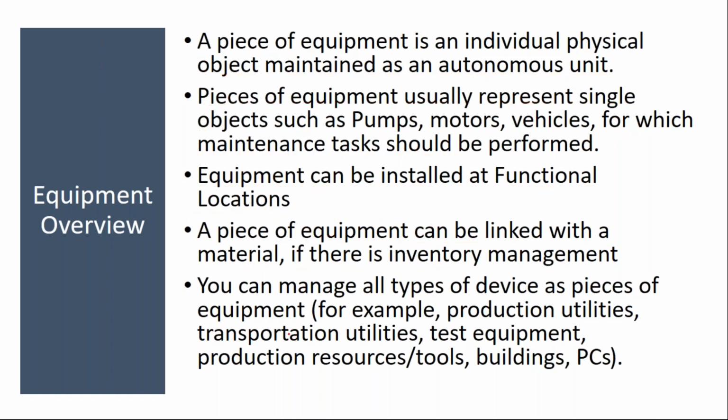You can manage all types of devices as pieces of equipment, like the ones I told: transportation utilities, production utilities, test equipment, quality department, PRTs, production resource tools. All these things are managed as equipments in the system. So to keep it simple, equipment is like an individual machine. Of course, vehicles also can be termed as vehicle equipments, which we will see later on.